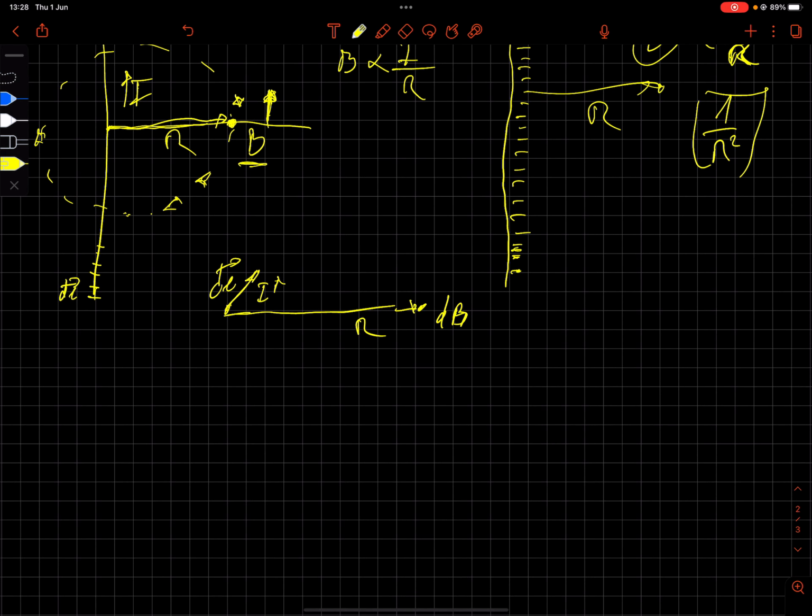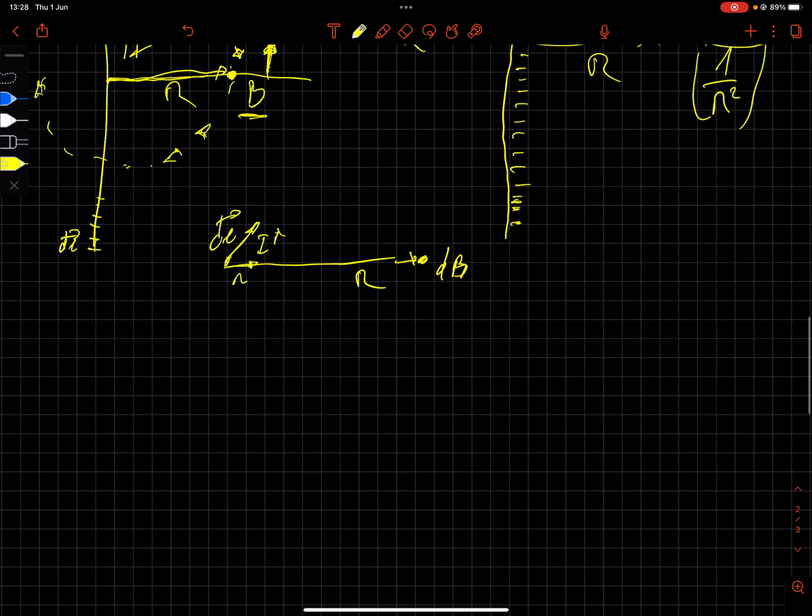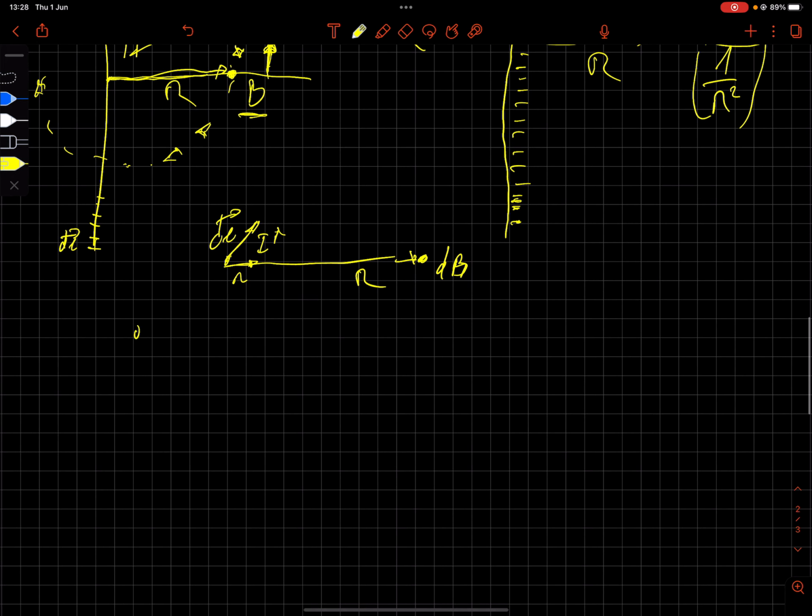And of course we have a vector here, which points toward the point where we want to calculate the magnetic field. So what we have then is something like this.